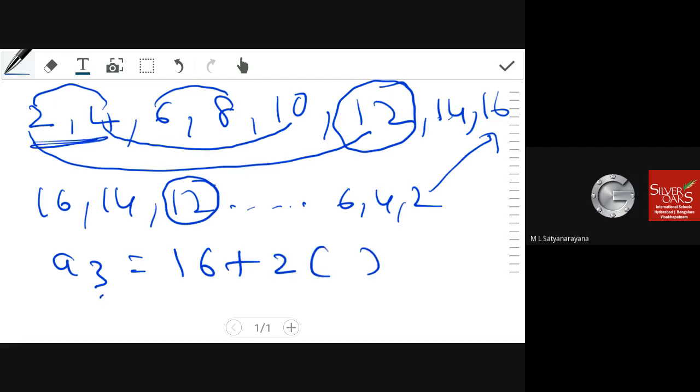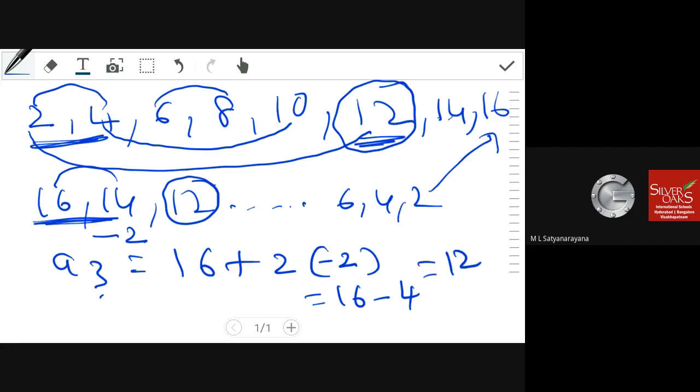Before, the difference was 2, but here the difference will be negative 2, because when we reverse, the difference will change. So you have to write minus 2 here. So it will be 16, and 2 into 2 is 4, 16 minus 4 is 12. So that's your answer. Whenever they ask you to find the third term from the end, better reverse the series, then find the third term straight away. Only thing, the difference will change. If the difference for the series is d, when you reverse it, it will become negative d.